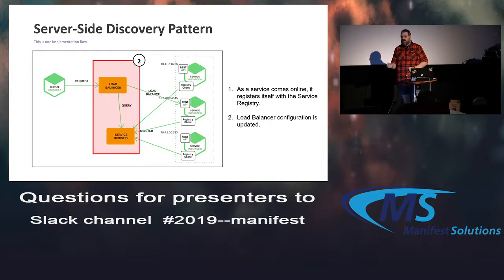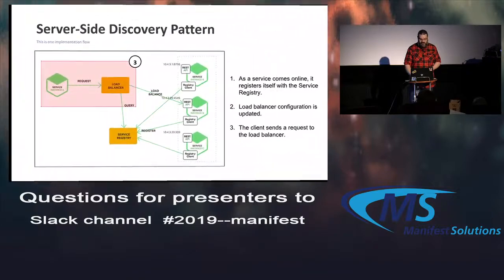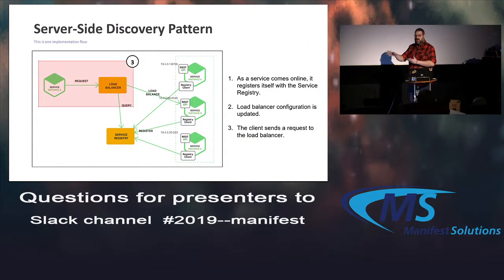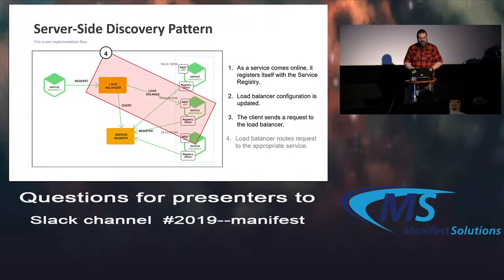So now that load balancer gets updated as services register. Then the client just sends to the load balancer. The client has no clue yet where these services are. It just knows where the load balancer is. The load balancer knows where the services are. And then the load balancer is going to route the client request to the appropriate service.